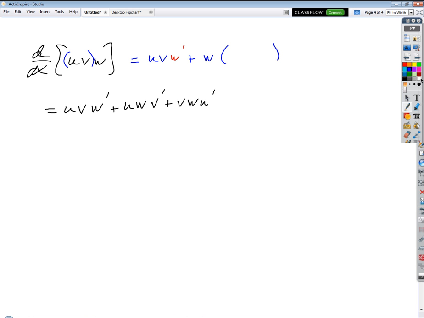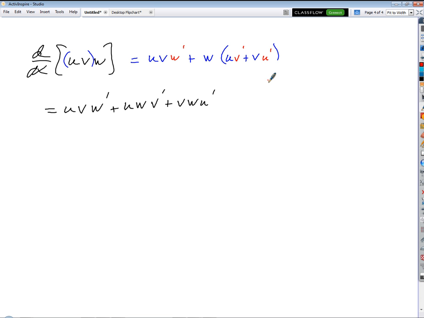Well, what's the derivative of the first? That's the derivative of u times v, so that's u v prime plus v u prime. Isn't that, when all the dust settles, if I distribute that w, just that?